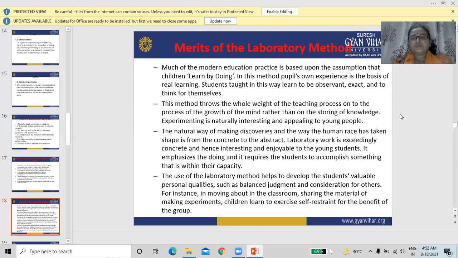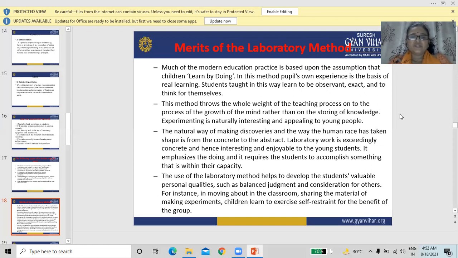Laboratory work is exceedingly concrete and hence interesting and enjoyable to the young student.